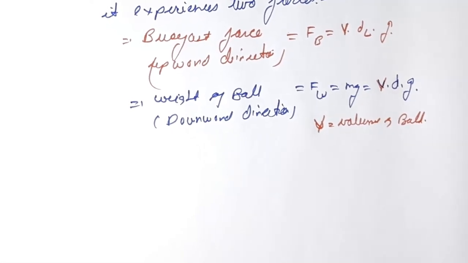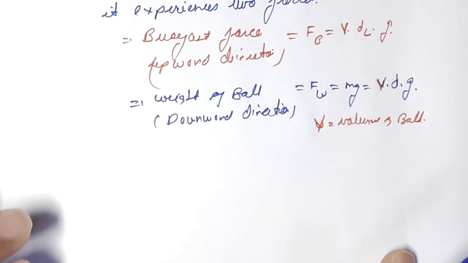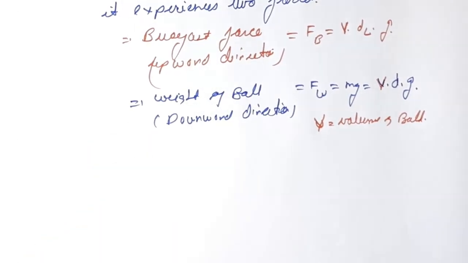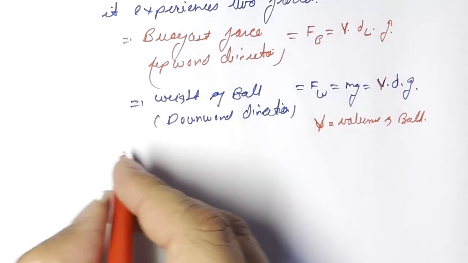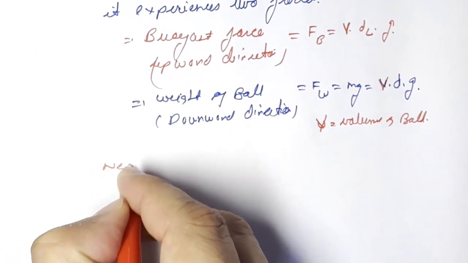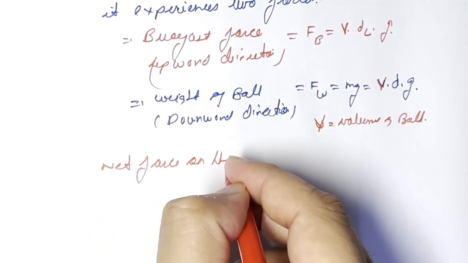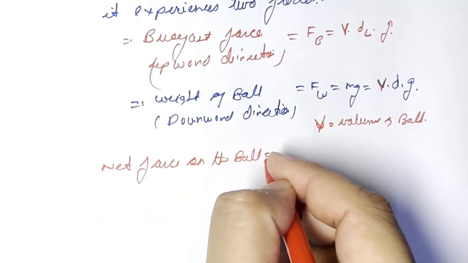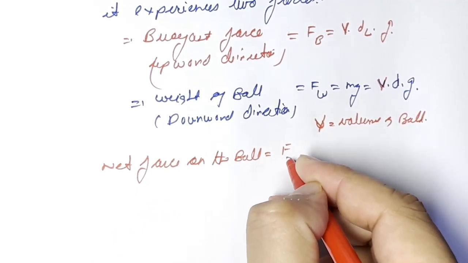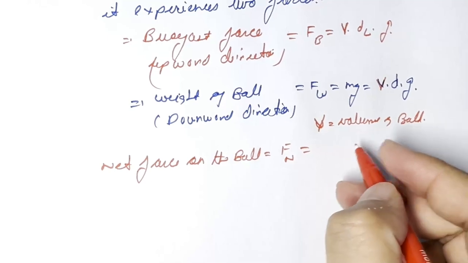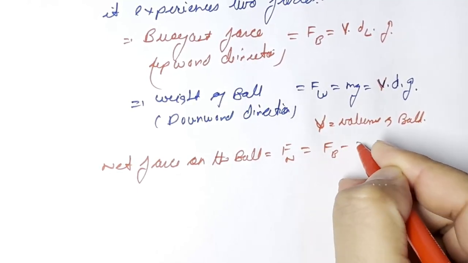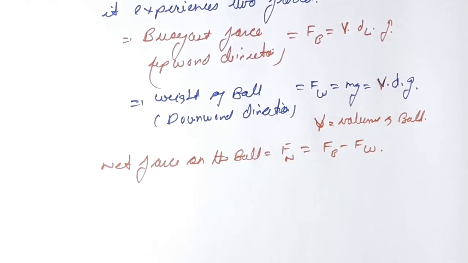Therefore we can find the net force on the ball, let us call that Fn, equal to buoyant force minus weight.